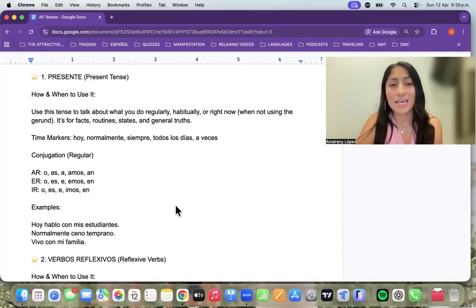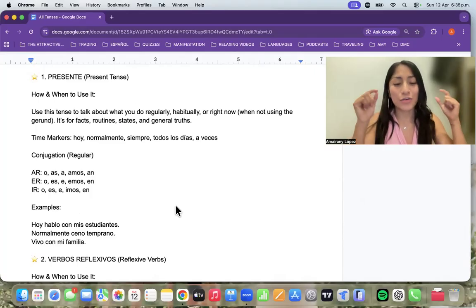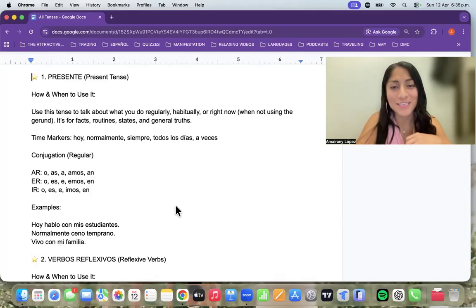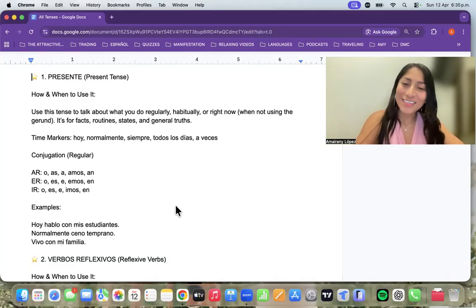The reason why I do this is so you can actually create associations to what it is that you actually do every single day. So that will make it easier for you to memorize it because it will be something that will relate to your everyday activities. Well, let's get started and let's start with the present tense.